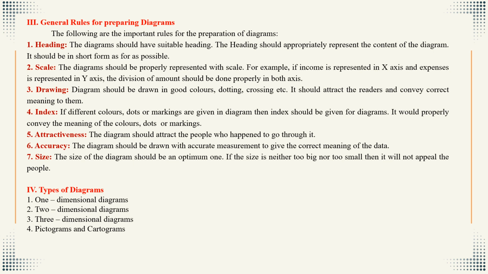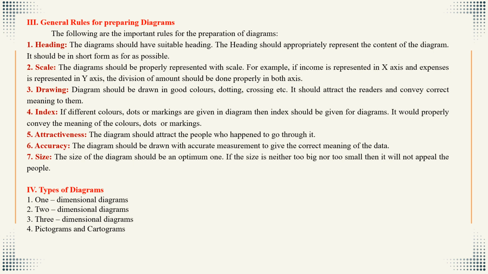Third one is drawings. Diagram should be drawn in good colors, dotting, crossing, etc. It should attract the readers and convey correct meaning of them. Fourth one is index. If different colors, dots or markings are given in the diagram, then an index should be given.